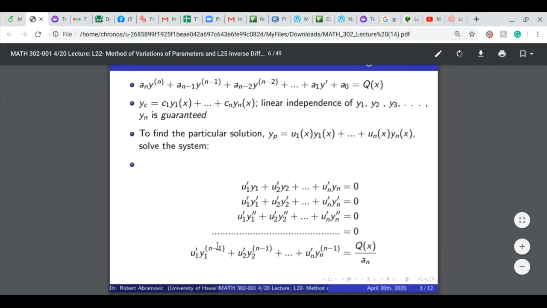This means the n minus first derivative is equal to q of x, the term on the right-hand side, divided by an, the coefficient of the nth derivative of y. So it's very similar. These are n equations in n unknown functions, u1 prime through un prime. You can solve these equations for those n functions and then integrate to get the original functions.